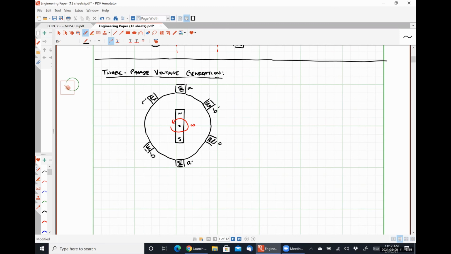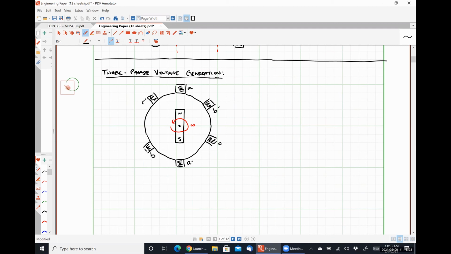So right now, the magnetic flux through coils A and A prime are at their maximum value in this snapshot in time, right? As that magnet rotates, let's say it rotates 120 degrees.